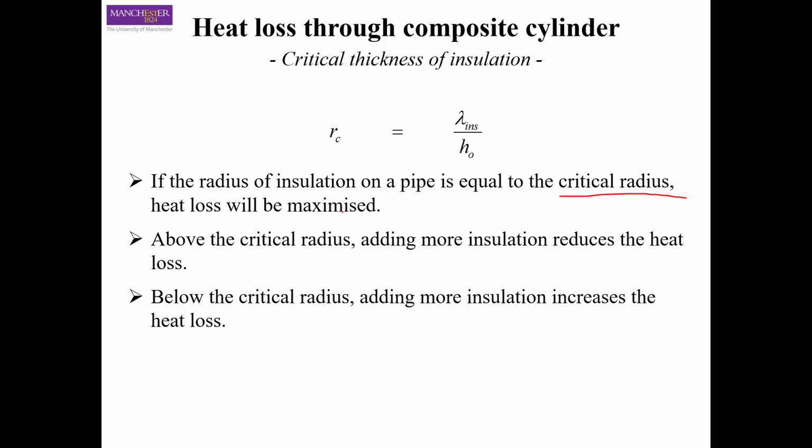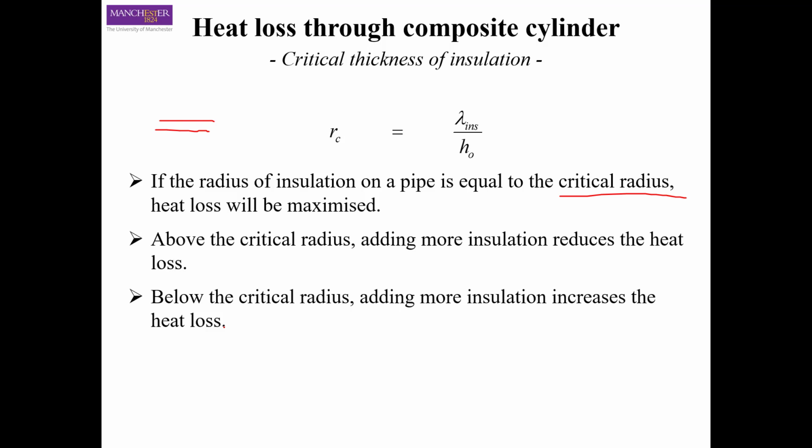Okay, and it means that when you have a pipe and you want to insulate it, you need to know what the value of RC is, because if you are below RC, adding more insulation actually increases the heat loss. So if you are below the value of RC and you make the insulation thicker, instead of saving energy, you are making the system lose more energy.